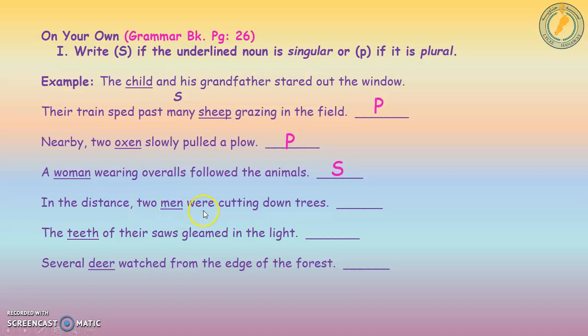Two men, yes, it's the plural form. The teeth of their saws gleamed in the light. Teeth. Tooth, teeth. Yes, it's a plural form. Several deer watched from the edge of the forest. Several means many. So many deer, that means it's in the plural.